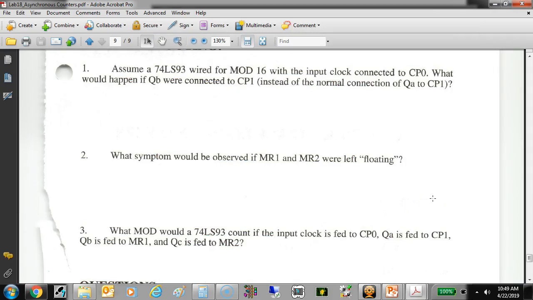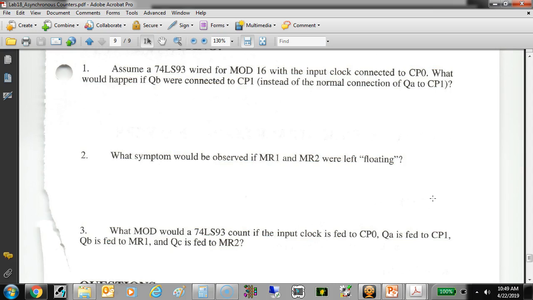What modulus would a 7493 count if the input is fed to Q0, QA is fed to Q1, QB is fed to, oh my goodness, okay, here we go. So y'all write this down so I can draw it on PowerPoint.